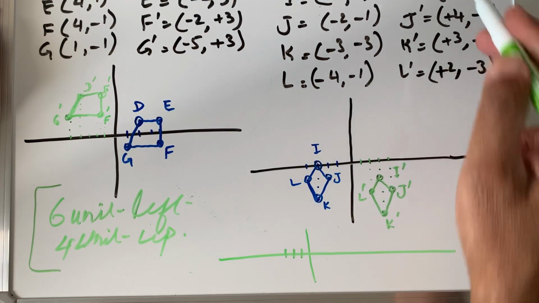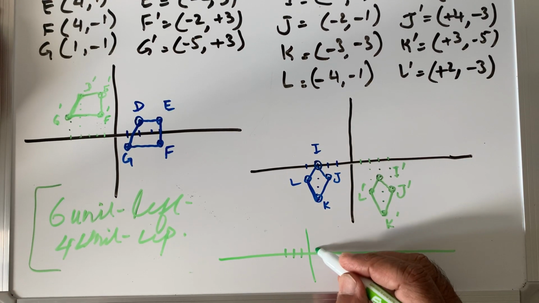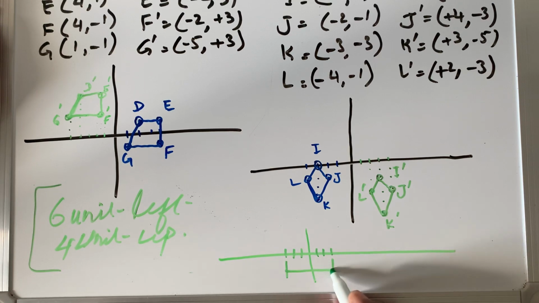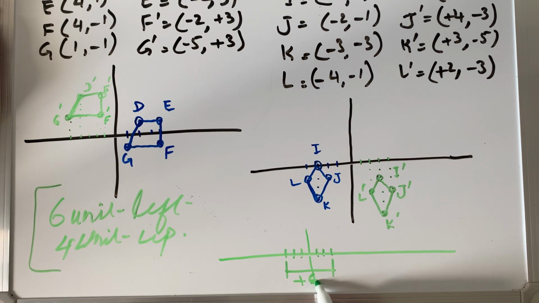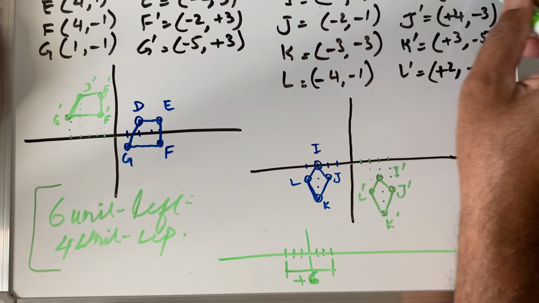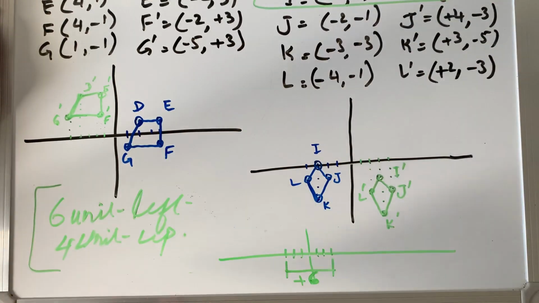And you go to plus 3. So you go 1, 2, 3. How many units do you travel? You can see 1, 2, 3, 4, 5, 6. So you travel 6 units to the right. So you are plus 6. It was not given that it is 6 units right, but you can find out because the first translation was given. So you can find out from there how much the x coordinate is shifted.